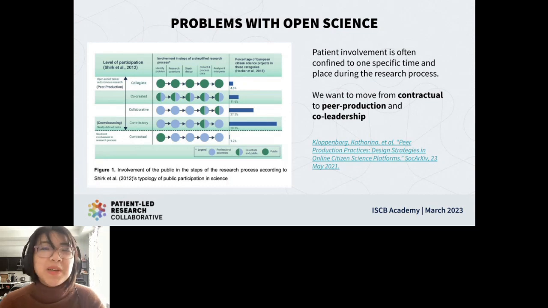And these are big words, but I will break them down into concretely the strategies which we employ to do this. And so this to us is democratizing research. If you look at this chart on the left here, it goes from crowdsourcing tasks to peer production, and we want to sit at the top of this ladder.